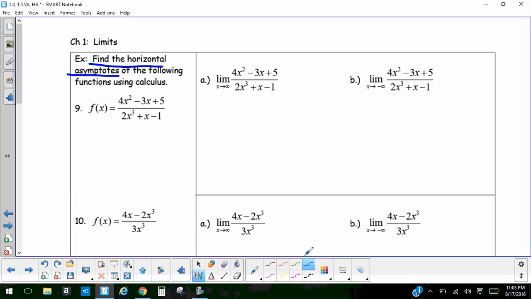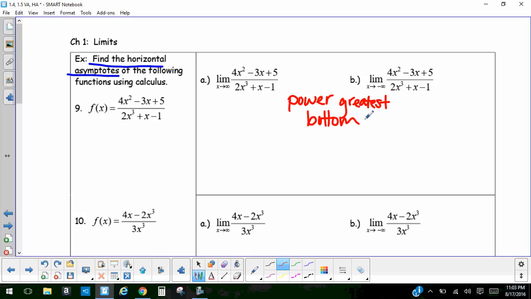We need to decide where we have most of the power. Power greatest, top or bottom. It's the same for both, whether you're approaching infinity or negative infinity, so I'm just going to write in the middle. Power is greatest on the bottom, in the denominator.